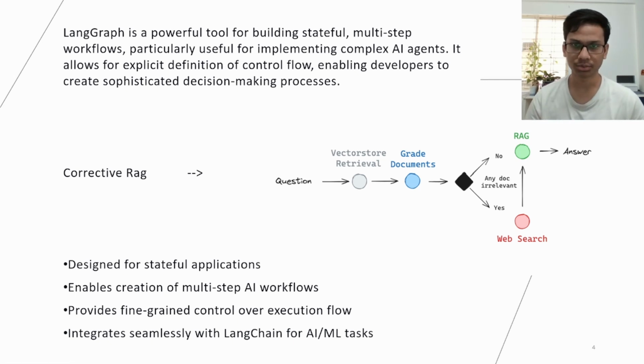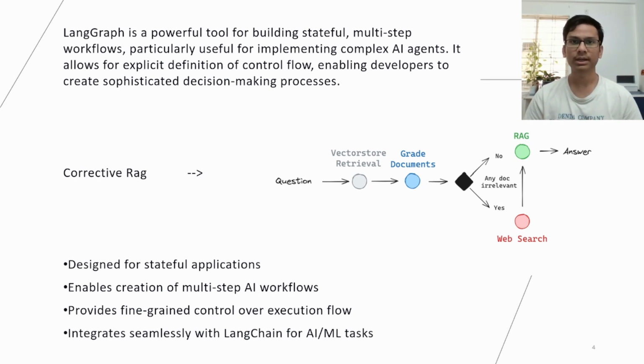But here, once our documents have been queried from the vector store, we will use the LLM to compare the question and the documents it has received. If they are similar and relevant, then we will consider only those documents for generating an answer.